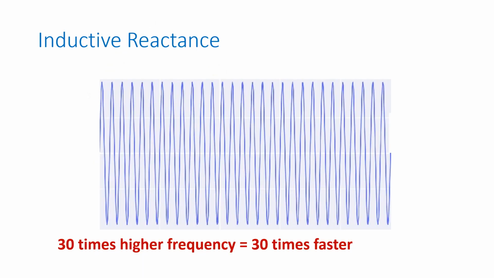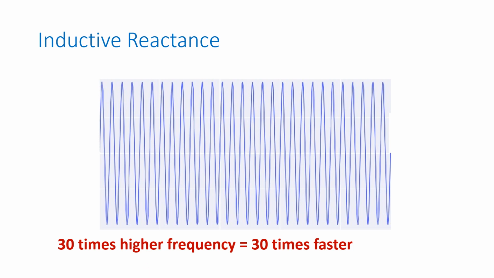This is a concept that you really want to grasp. I'm going to talk slowly for a reason. If this change in magnetic field is happening 30 times faster, that means when the field builds up, it's doing it 30 times faster.